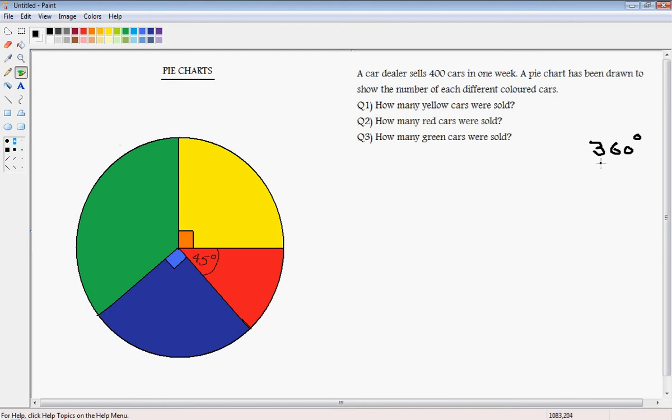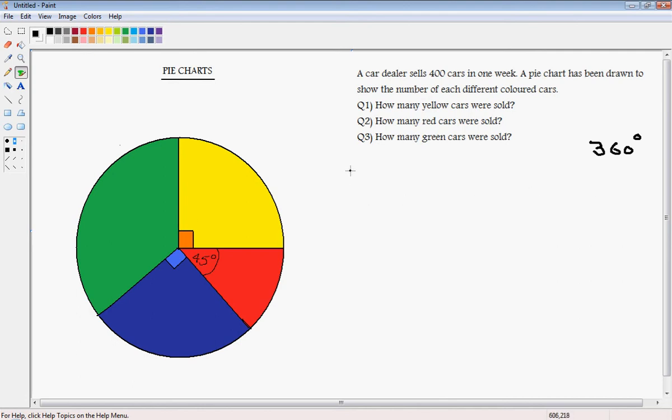Now if we have 360 degrees here, then this is 90 of the 360 degrees. It looks like a quarter of the circle, and it actually is a quarter of the circle, but we do need to prove this.